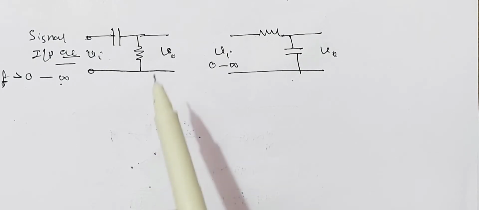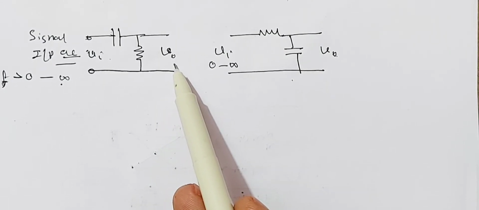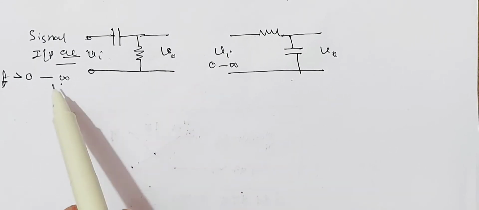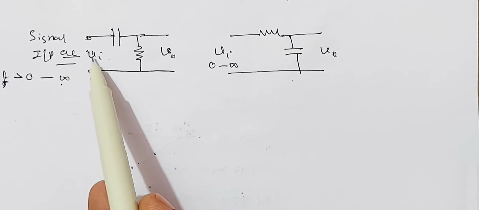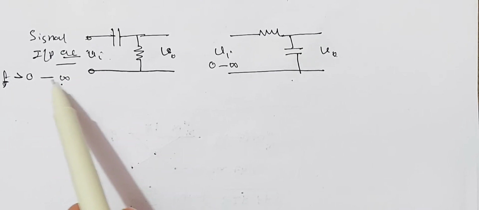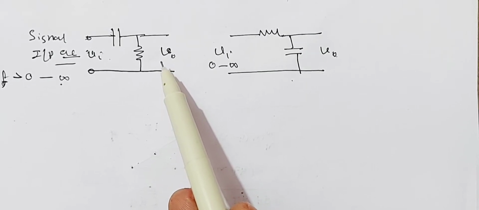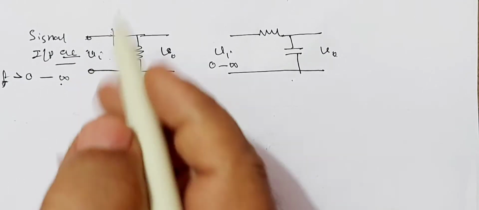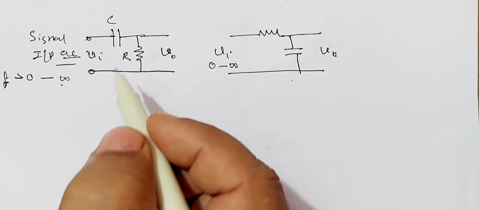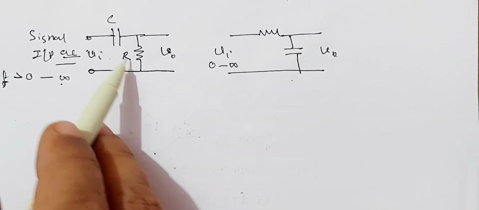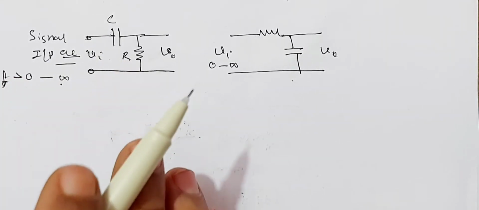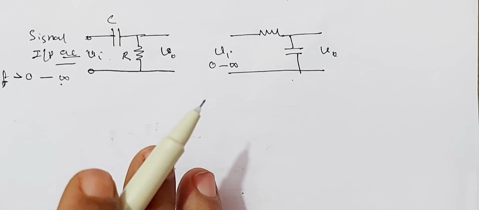Thus, the output voltage is produced not for all the frequency. The input voltage has frequency from 0 to infinity, but output voltage is produced only for a particular specified frequency. This specified frequency value is given by the values of R and C. Depending upon the values of R and C, you will get some frequency.